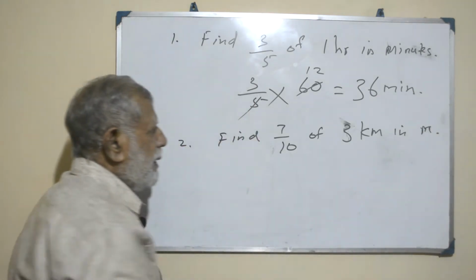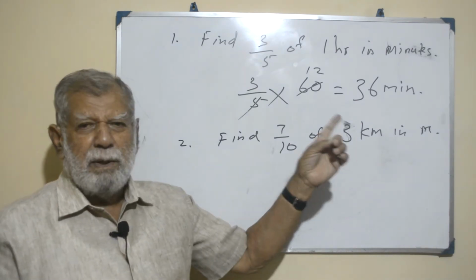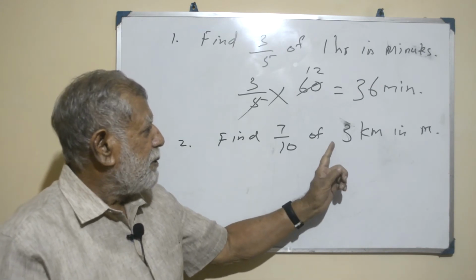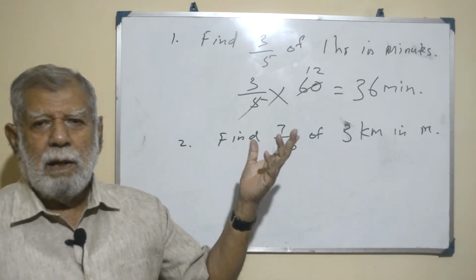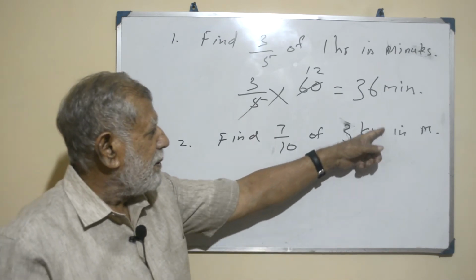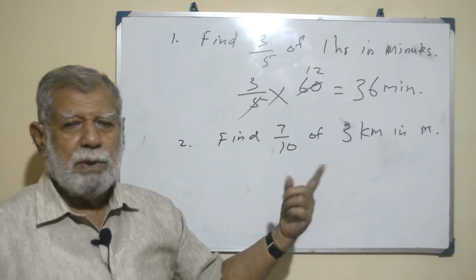I told you kilometer means 1000 meters 1 kilometer. So 3 kilometers means 3000 meters. So you have to convert this 3 kilometers to meters. That is equal to 3000 meters.